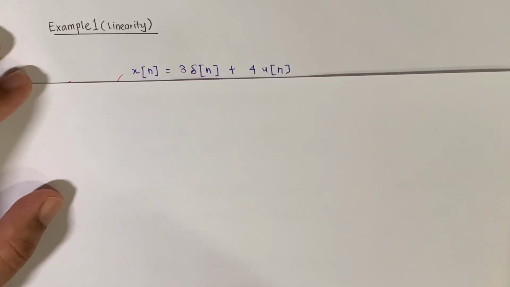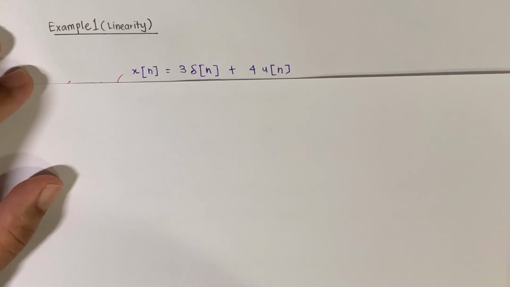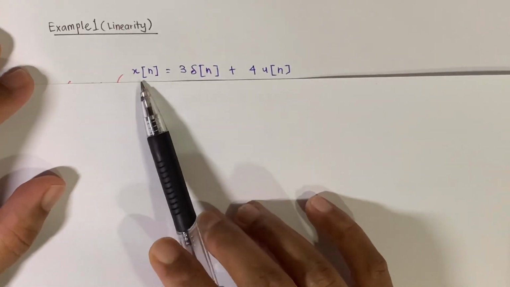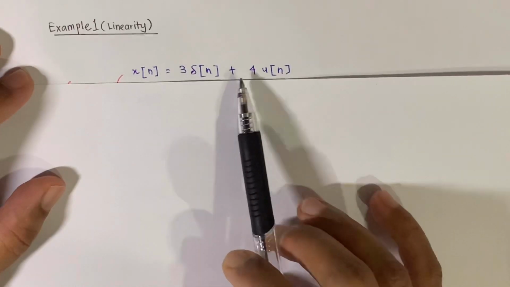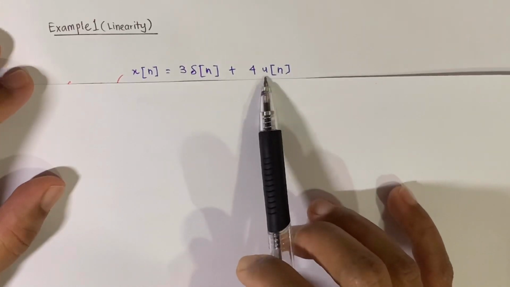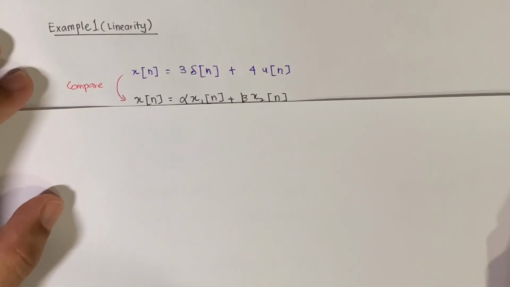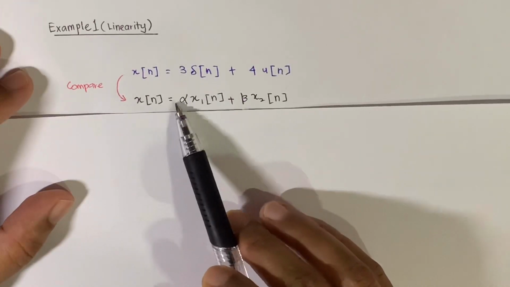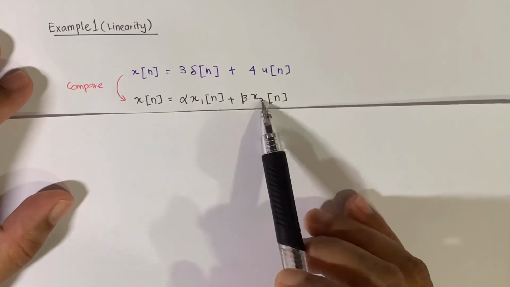For this question, you are asked to find the Z transform of this signal. We have x[n] equal to 3 delta[n] plus 4 u[n]. We know the linearity property equation is like this: x[n] equal to alpha x1[n] plus beta x2[n].